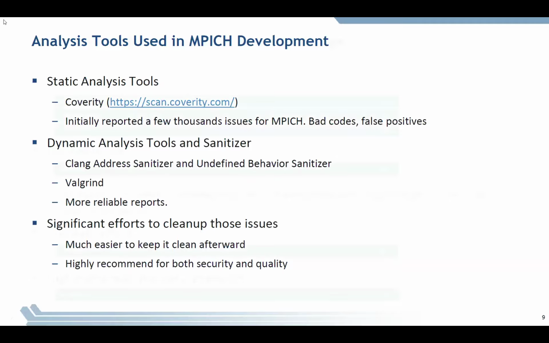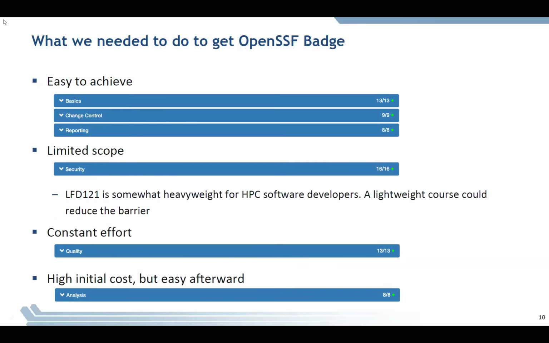Next slide, please. I would say in MPICH's case, getting the badge is sort of easy, because by the time I looked at the requirements, we had already done most of it, including the analysis tools. The one single challenge is probably security and how to maintain developers who know how to write secure software.